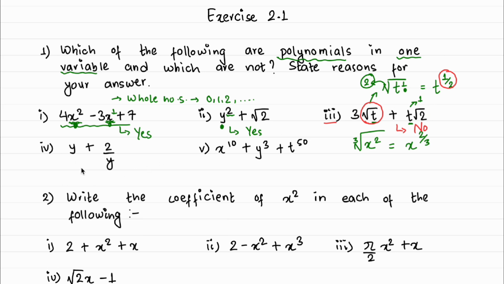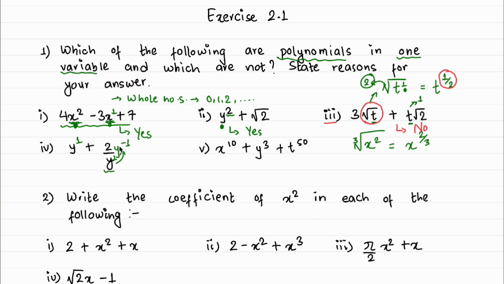Now let's move to question number 4. So here again the power of this y is 1, which is a whole number, but the power of this y in our second term, what we have is 2 over y. When you move this y to the numerator, the power 1 becomes minus 1. The power becomes negative.